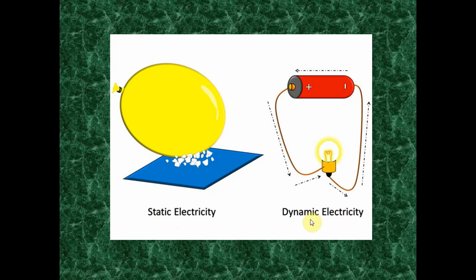But in dynamic electricity, we have to get an electric source like the battery, and then we can use it to make the devices work, as it moves inside the wires until it reaches the device and makes it work.